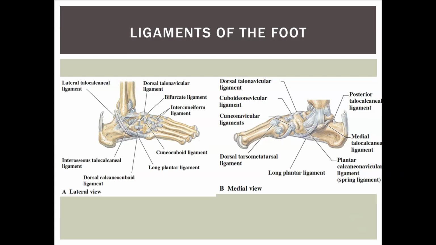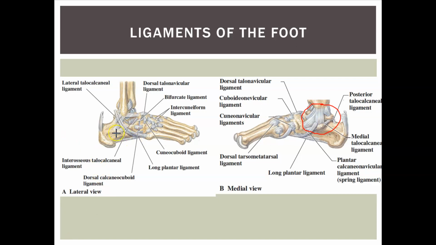Okay, different ligaments of the foot. So, to your right, when we're looking at that medial view, there actually are 4 ligaments. Let me get my little drawing thing. There are 4 ligaments that are just distal to the medial malleoli, and collectively we are calling these the deltoid ligament.